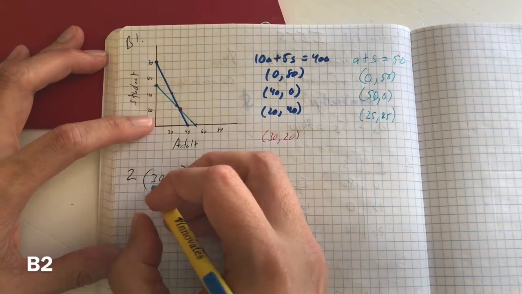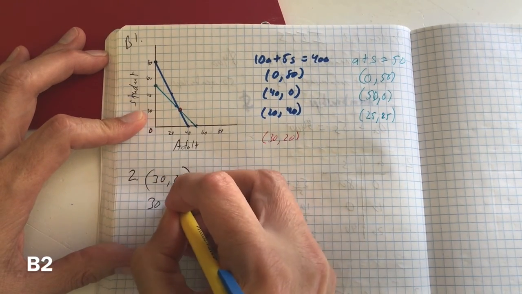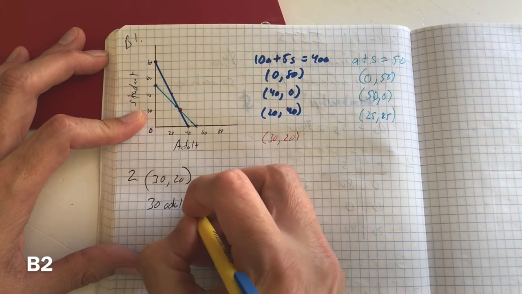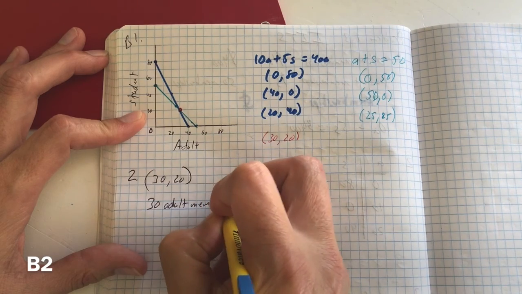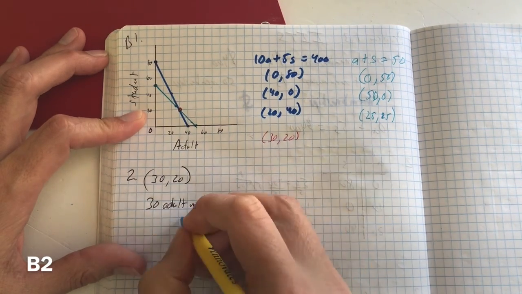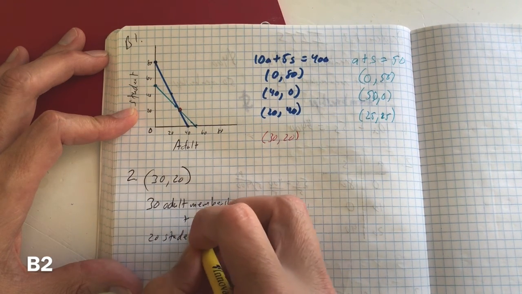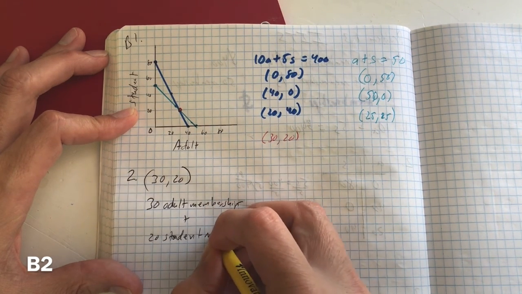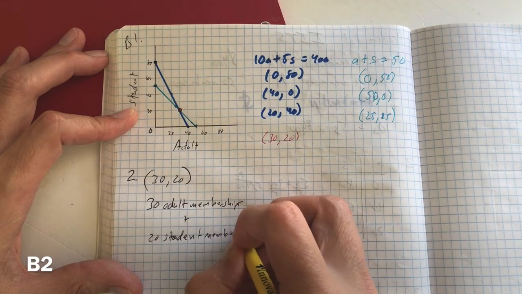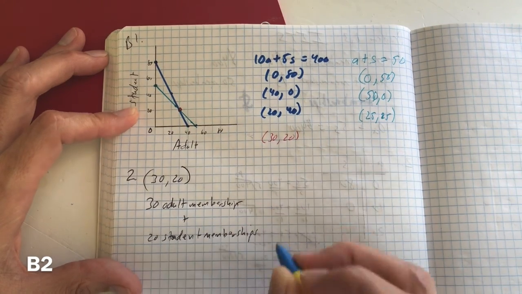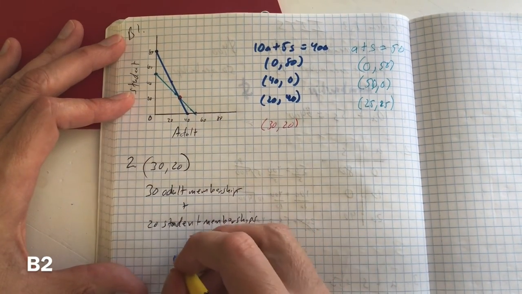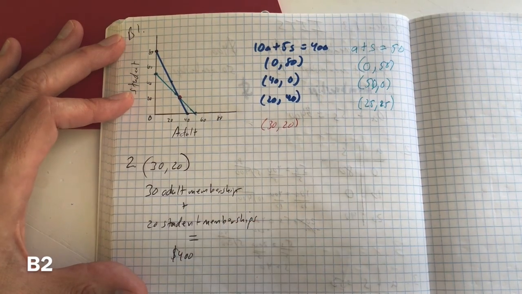What that stands for is 30 adult memberships plus the 20 student memberships, all that's going to end up equaling the $400.